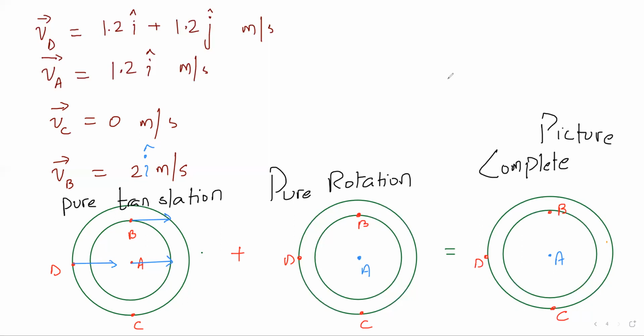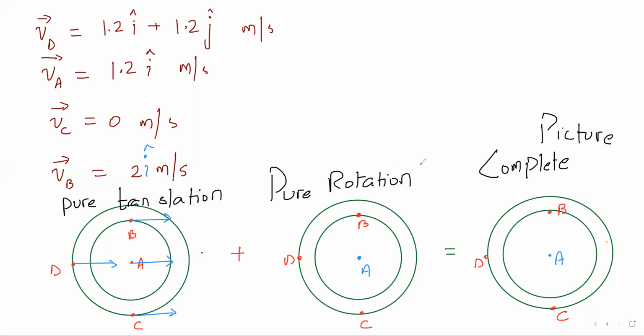Yeah, I know, I'm making it a little confusing. The whole chunk is going towards the right. So point C is also actually in pure translation, the whole object is going towards the right.